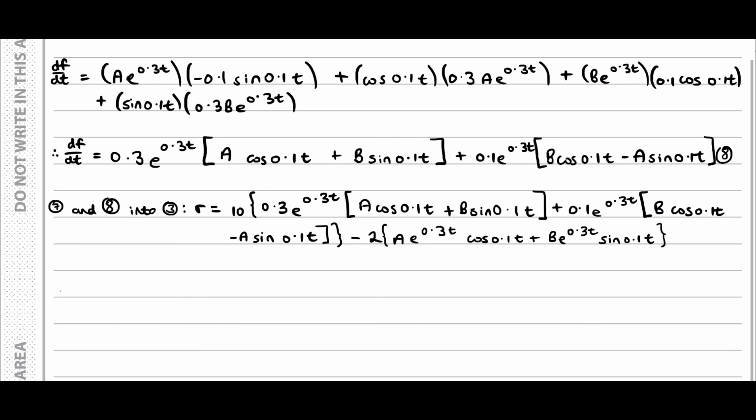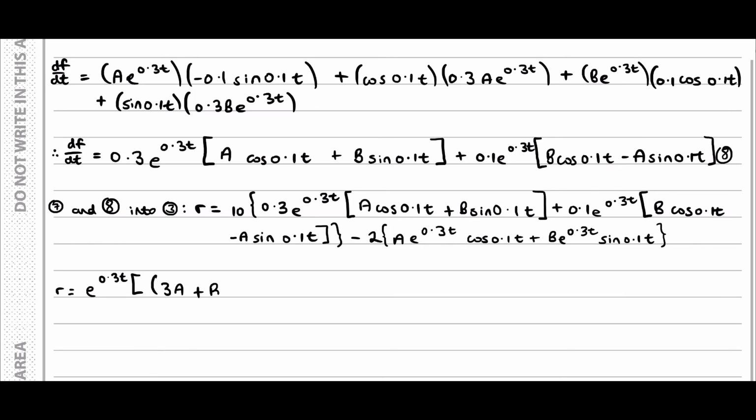So r therefore is equal to, well, here each term involves an e to the 0.3t, so we have e to the 0.3t, and then inside the brackets we have 10 times 0.3 times a, which is 3a, and then 10 times 0.1 times b, that would be plus b.